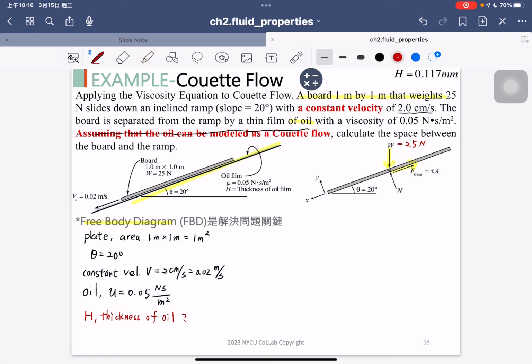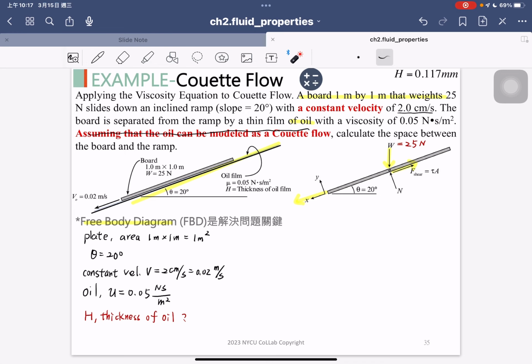We are trying to only focus on the problem along the x-axis, because we are trying to make the force balance along the x-axis. Why? Because here we know that the velocity is constant along the axis. So why can the plate move with a constant velocity?